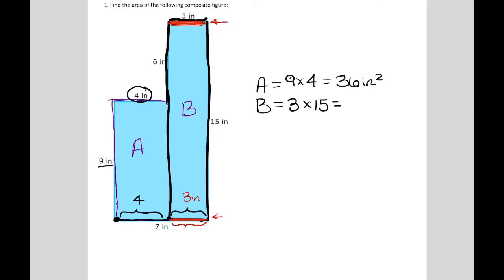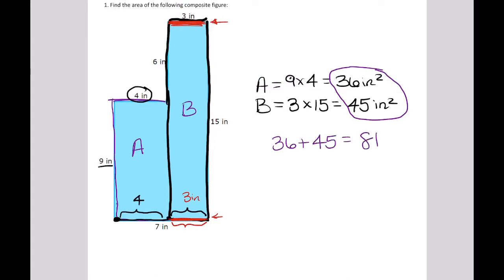So 3 times 15 is 45. Just like we did on the previous problem, it's really the same problem, but we had different areas. We have 36 plus 45, which equals 81 square inches.